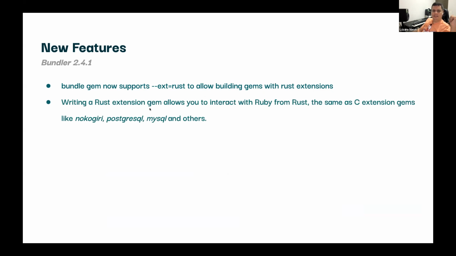Run bundle gem. Now Bundler 2.4.1 has an option called Rust, to allow building gems with Rust extensions. Writing a Rust extension gem allows you to interact with Ruby from Rust, the same as C extension gems like Nokogiri, PostgreSQL, MySQL, and others. When you have the pg gem, it has some C extension where the C language communicates with Ruby.